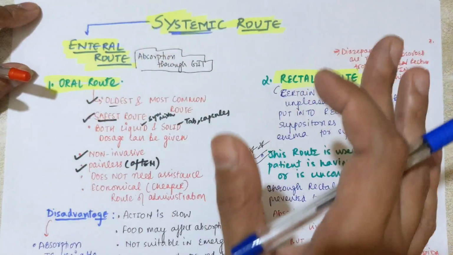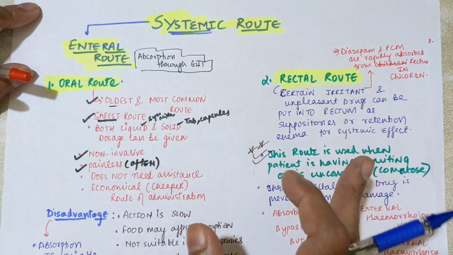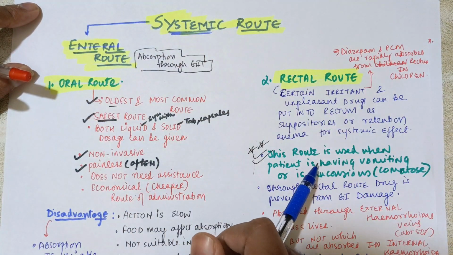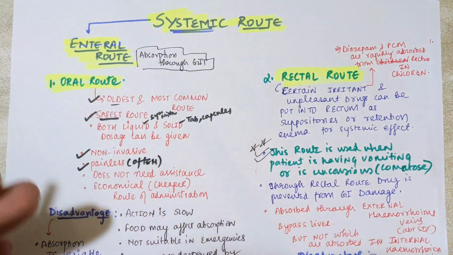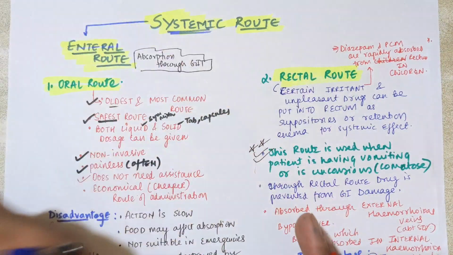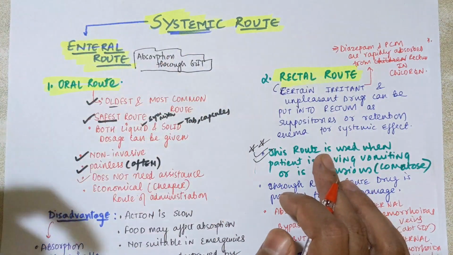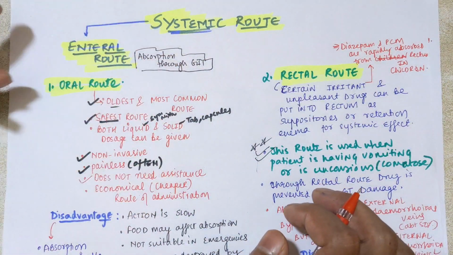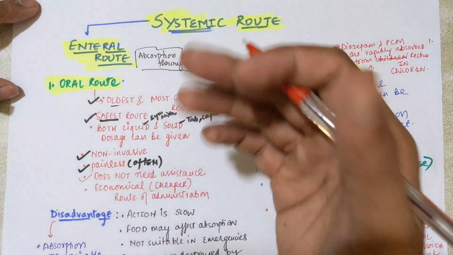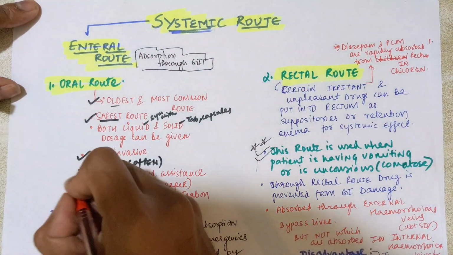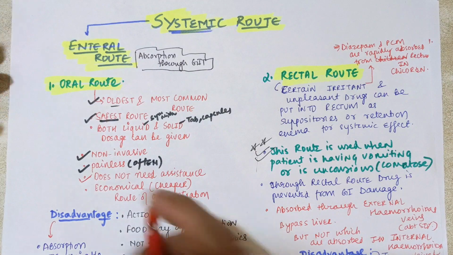You don't need any assistant, doctor or nurse for taking the drugs. It is also an advantage compared to injections. For injections you need paramedical staff like nurses or compounders, and sometimes doctors, so there is a need of assistance. In this case it is an advantage.